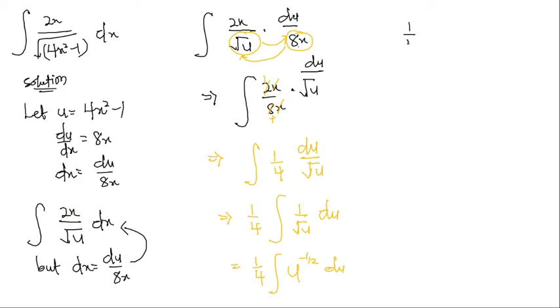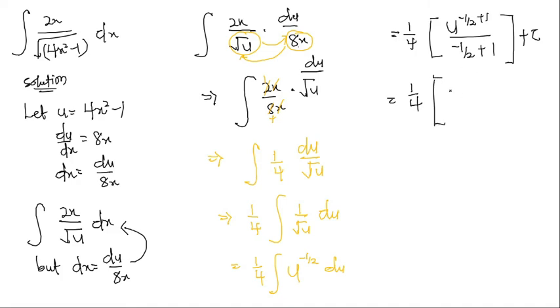So we have 1 over 4. If we integrate u raised to the power negative half, we add 1 to it, and we divide by the new power, which is negative half plus 1. Then we add c to it. So we have 1 over 4, then this becomes u power half on half plus c.